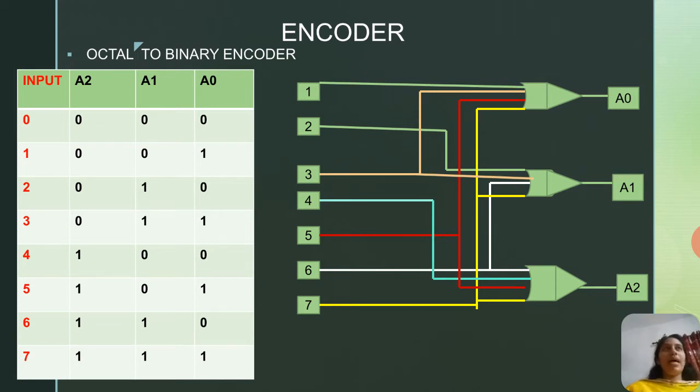So for that purpose, you are providing an input which is human readable form, just like you can say it as high level language. The computer does not understand that language, so the computer will encode the data. That is, the high level language is being encoded into binary to be understood by the computer.